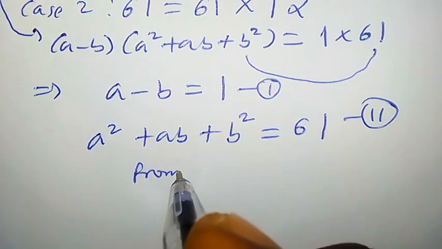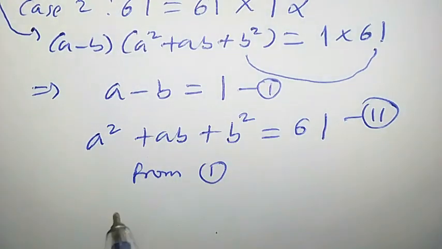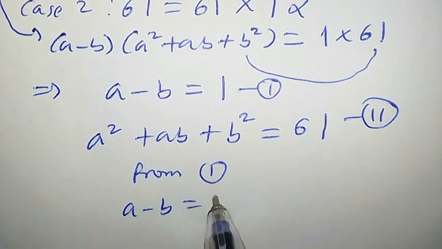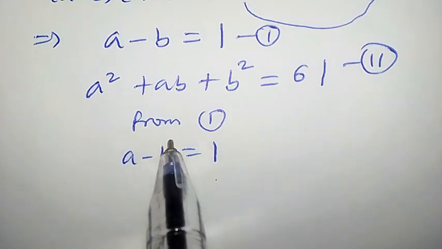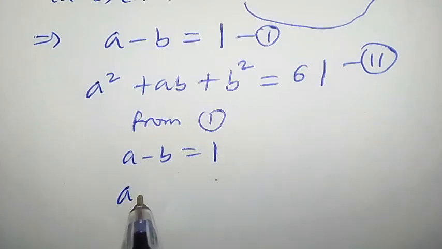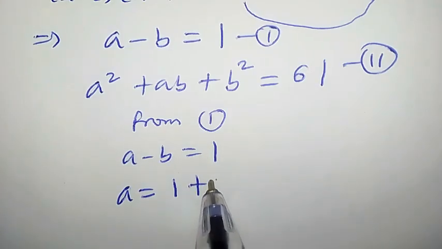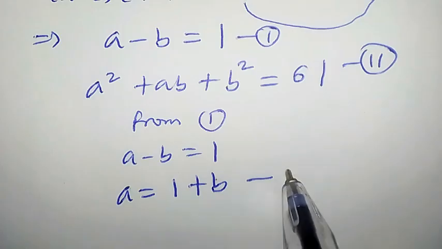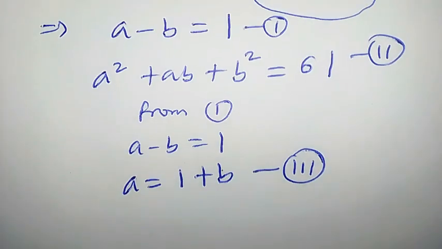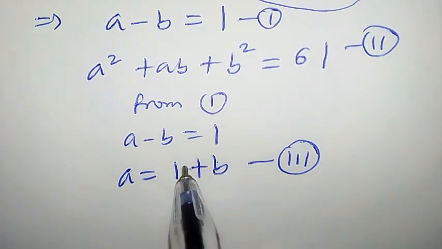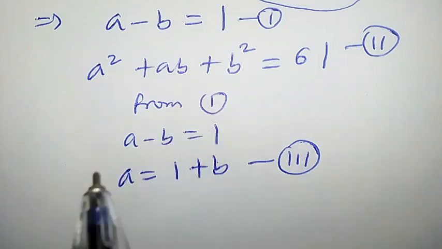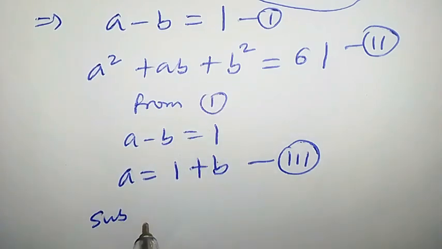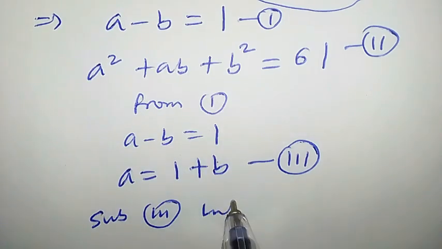From equation 1, a minus b equal to 1. When b goes to the right, it becomes a equals 1 plus b. Let's call this equation 3. We will now substitute equation 3 into equation 2.